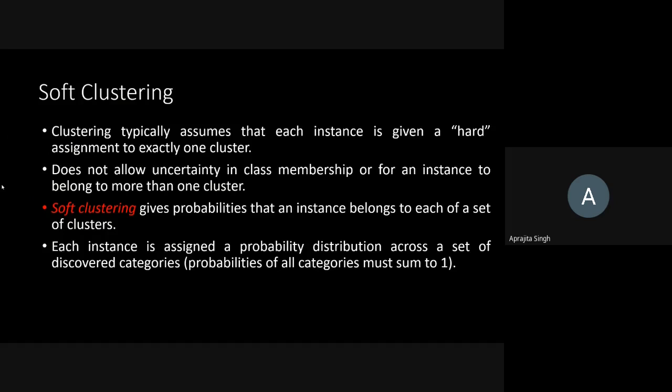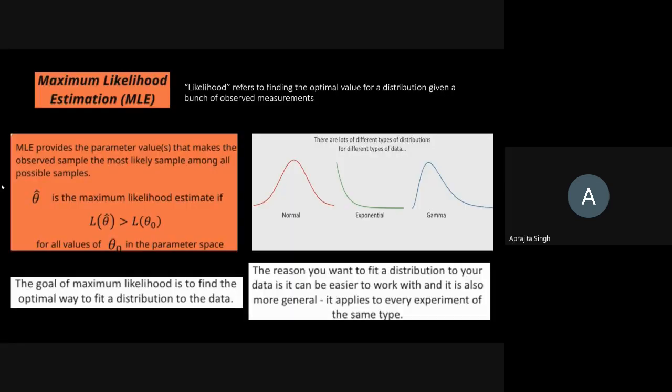Okay, so what we are doing in EM is something called soft clustering. In K-means you did not see soft clustering, but here we are seeing soft clustering. What does that mean? In statistical modeling, a common problem is to find the joint probability distribution of a data set. Maximum likelihood estimation is the method of estimating parameters of a probability distribution by maximizing the likelihood function in order to make the observed data most probable for the statistical model.